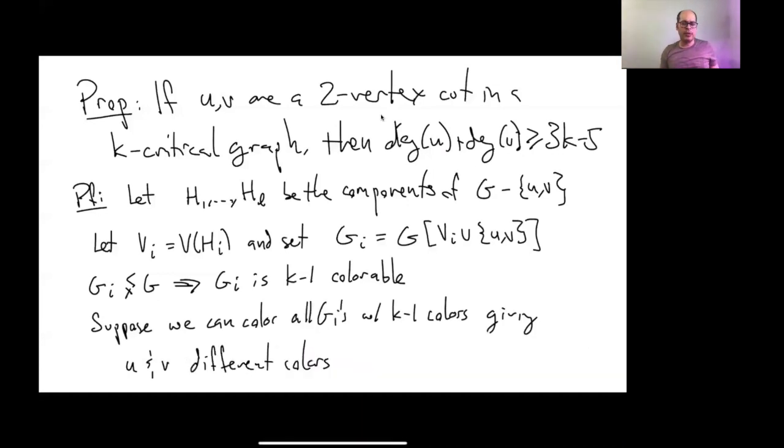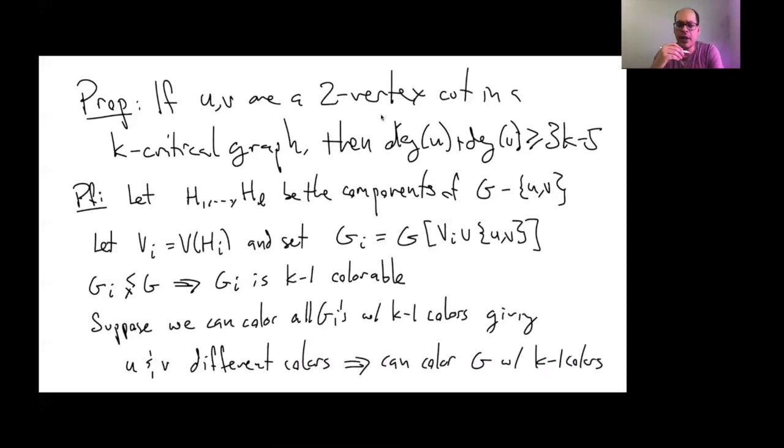What if it was possible to color each of these components with k-1 colors, giving u and v different colors? Well, then again, we could shuffle the colors and get a coloring of our original G. So what does that mean?